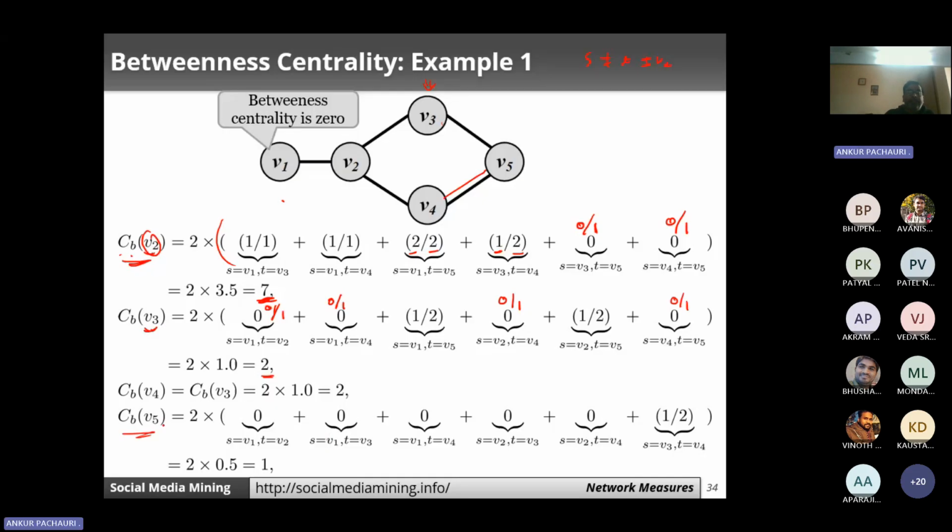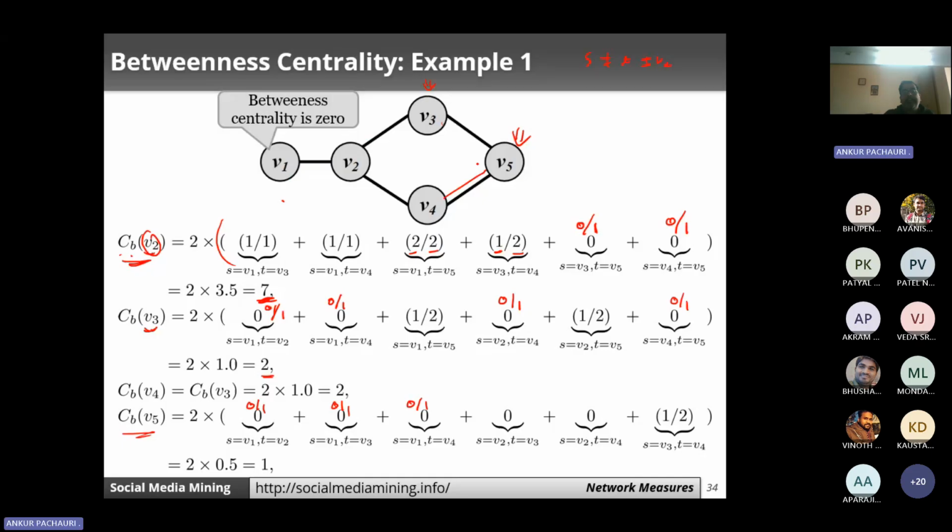Similarly, if I'm talking about V5, if V5 is my interest, so V1 to V2, 0 by 1. V1 to V3, 0 by 1. V1 to V4, 0 by 1.